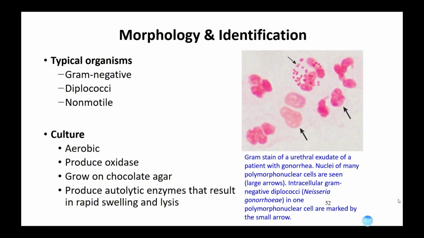And they are not motile. To culture these bacteria, we need the presence of oxygen because they are aerobic. They produce oxidase. They grow on chocolate agar. They also produce autolytic enzymes that result in rapid swelling and lysis.